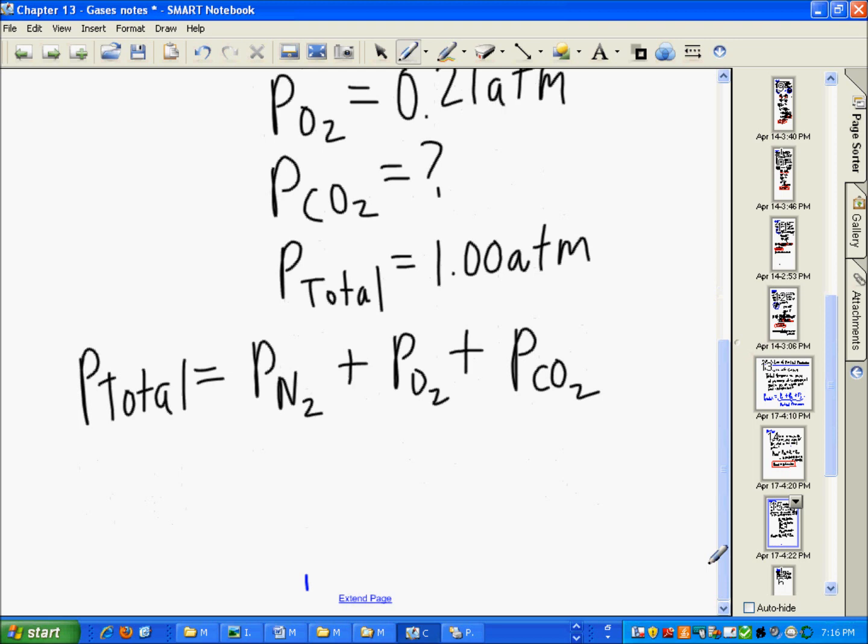So how do we get the carbon dioxide pressure by itself? What do we have to move? The PN2 and the PO2. The P total is already on the other side of the equal sign, so we don't have to move that. We have to move the PN2 and the PO2. What's going to happen to them when we move them to the opposite side of the equation?